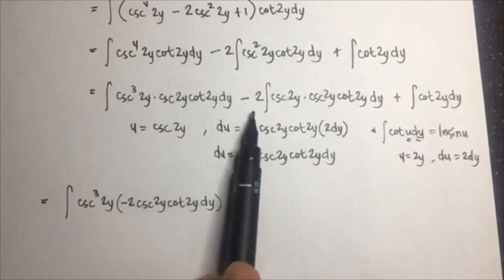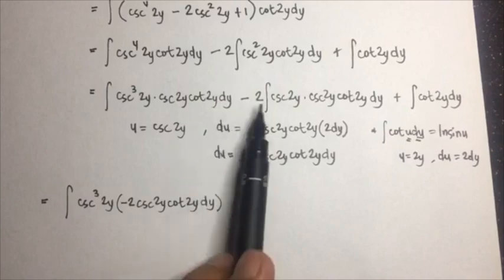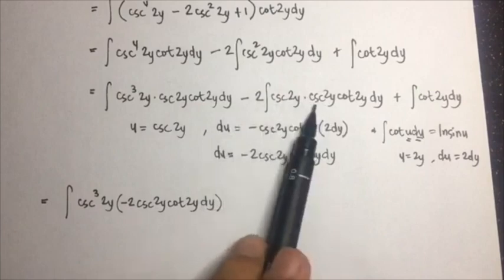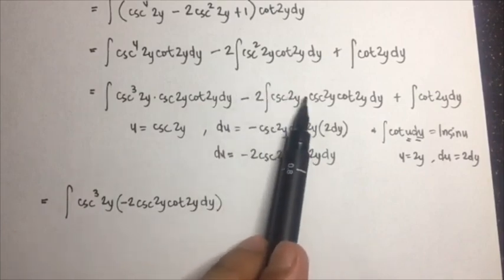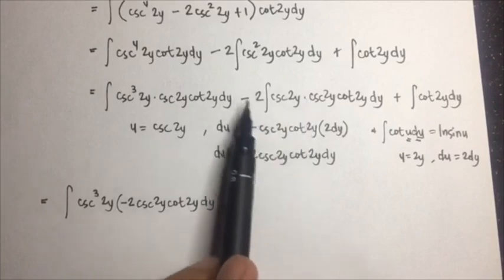Okay? So for the second term, we actually already have negative 2 here. So what we can do is take it back inside the integral sign, or we can just add negative 2 in here and then multiply by negative 1/2 outside. So it's your call.